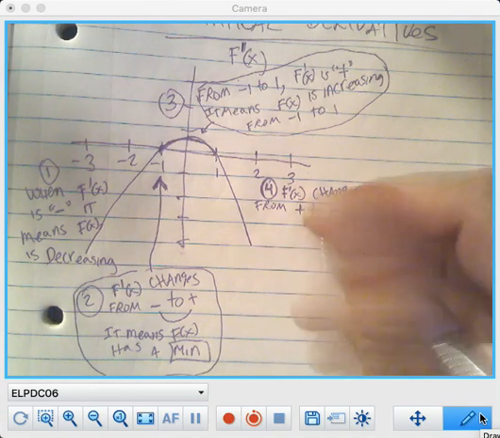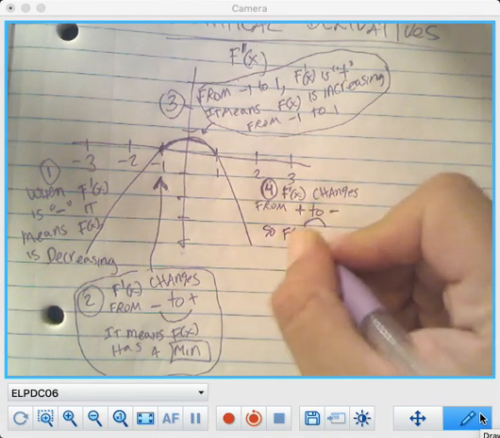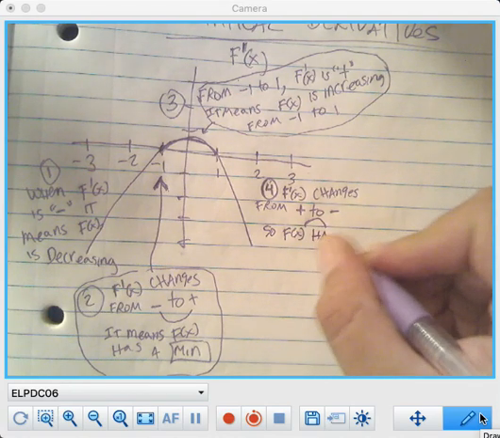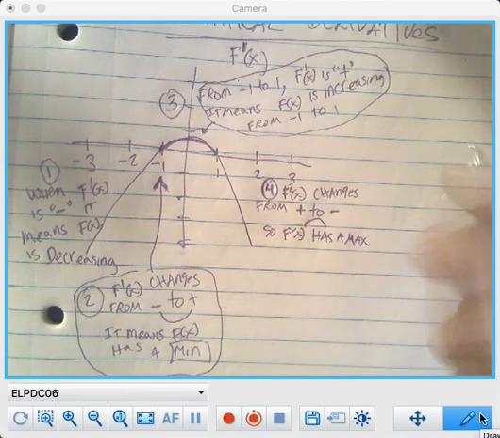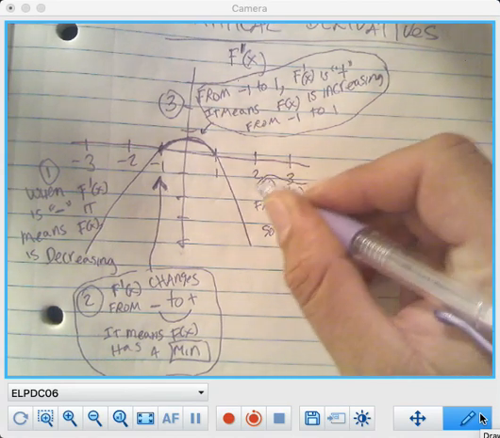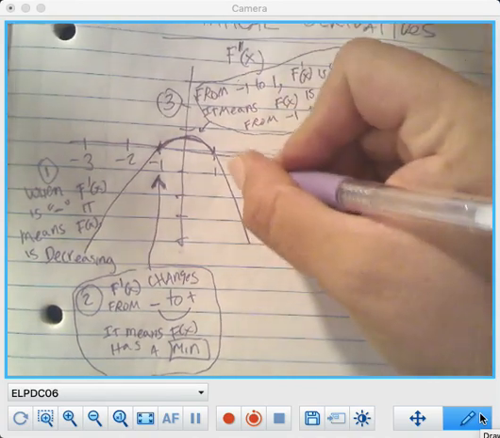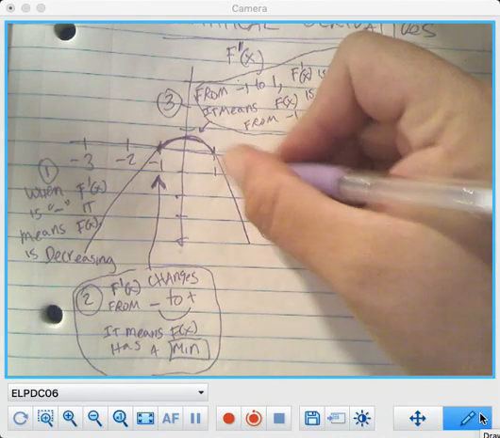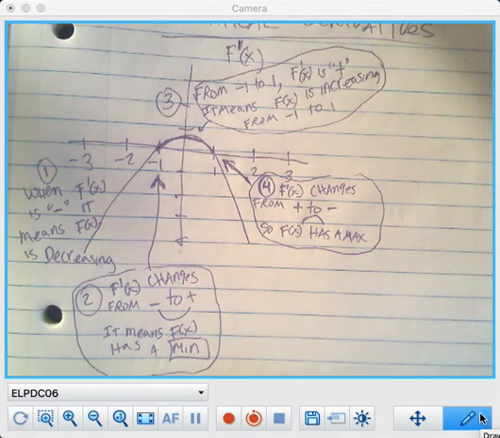So f of x has a max. This happens at 1. Remember, I need you guys to copy it exactly how I have it.